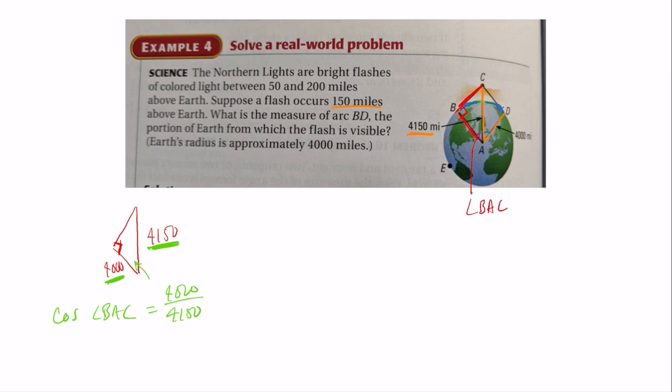So I need to work backwards. So again, I'm going to use the inverse cosine of the ratio 4,000 over 4,150, and that will give me the angle BAC. So I'm just going to plug that in: 4,000 divided by 4,150, and I take the inverse cosine of that amount.